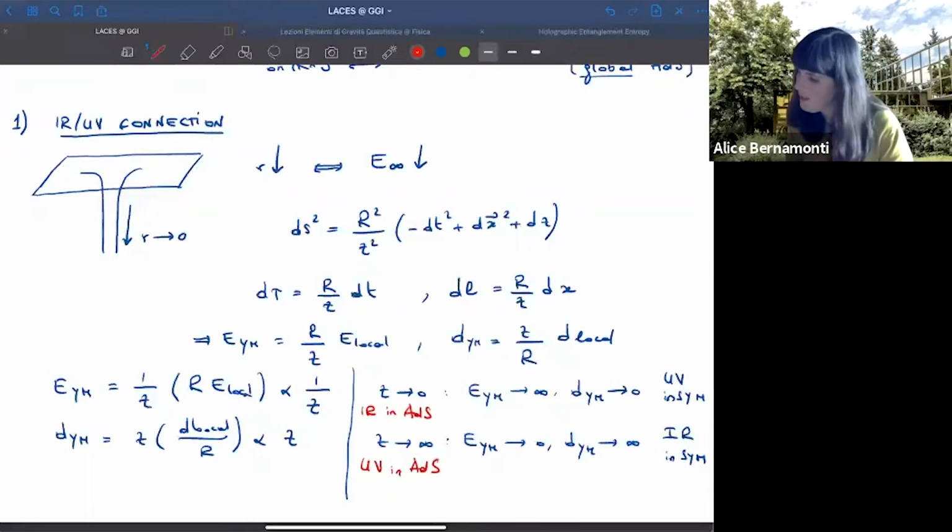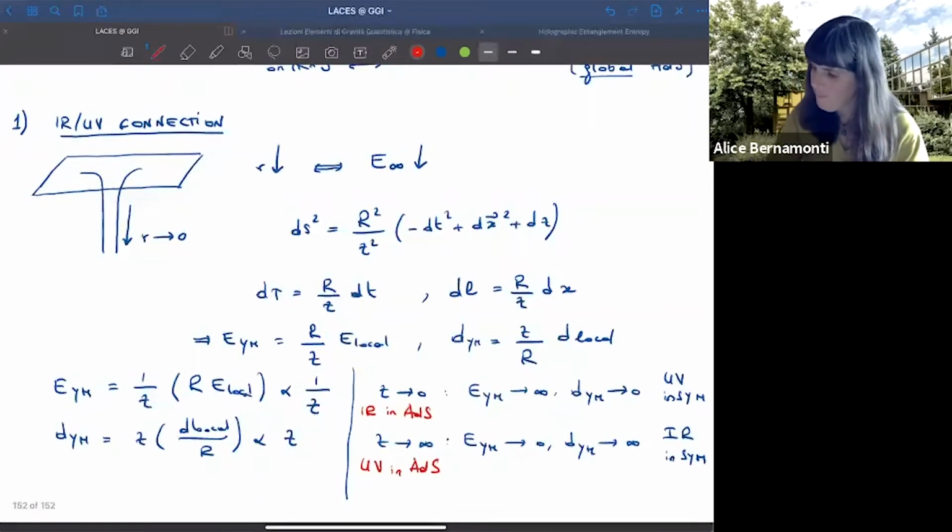And so we see how this IR-UV connection arises. So the UV or IR in AdS corresponds to, like I said, the IR and UV in the boundary conformal theory.